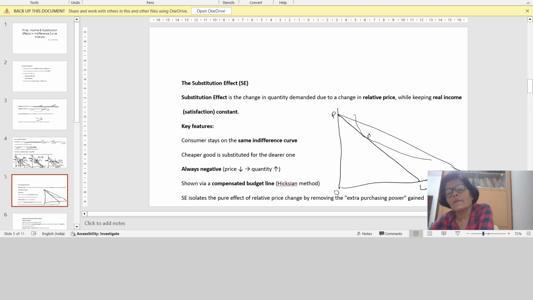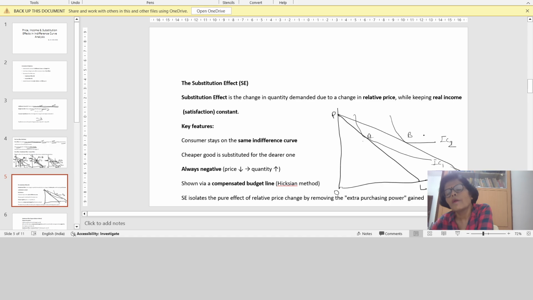Now when the price decreases, the consumer will shift from IC1 to IC2, from A point to B point, and this is known as PCC.